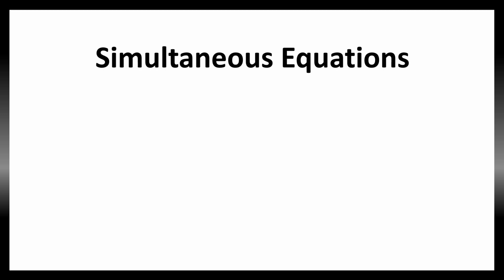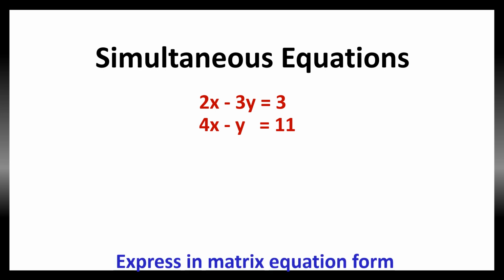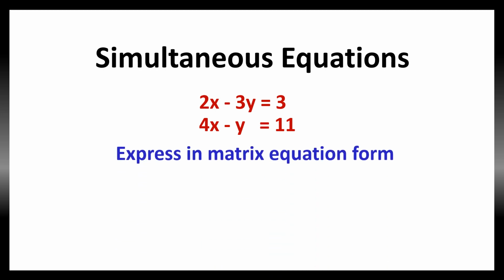And now, let us take an example. Simultaneous equations are given here. They are 2x minus 3y equal to 3 and 4x minus y equal to 11. We have to convert them into matrix equation form. So the coefficients of the variables are taken to form matrix A. That will be matrix of 2, minus 3, 4, minus 1.